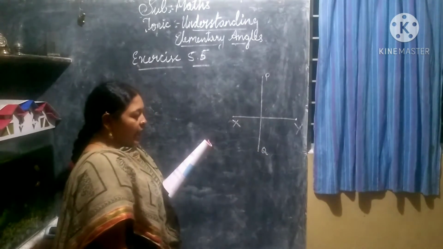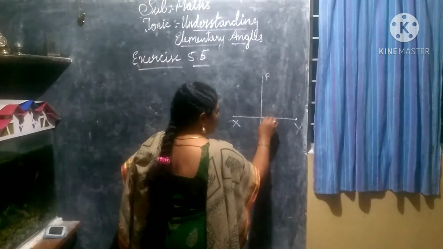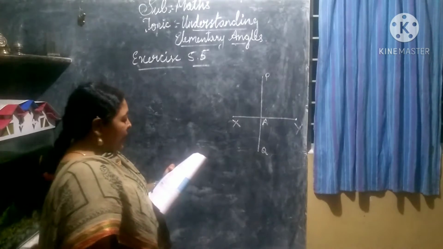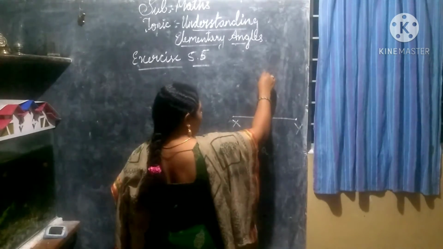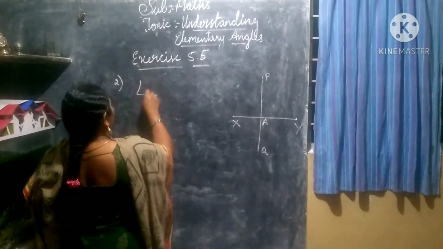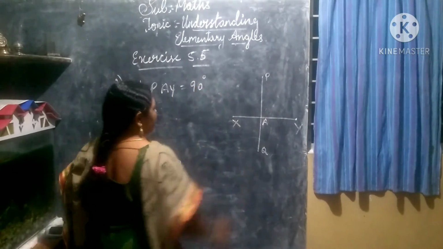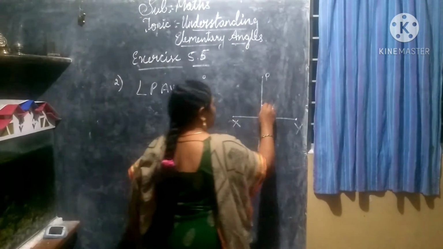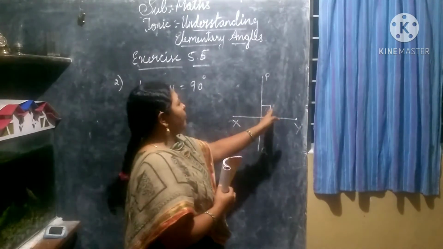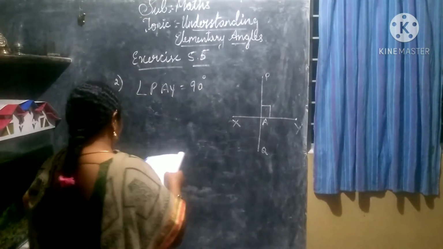Let them intersect at a point called A. So here is point A. Now they ask, what is the measure of angle PAY? Angle PAY is equal to 90 degrees. We need not even think about it. When lines are perpendicular to each other, obviously the angle formed will be equal to 90 degrees.